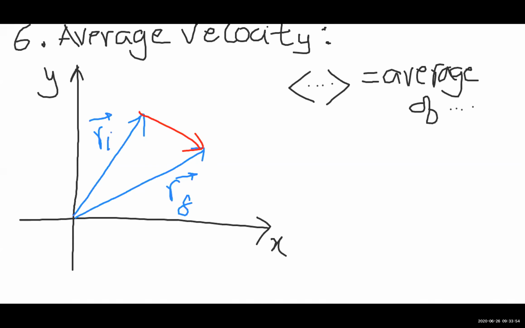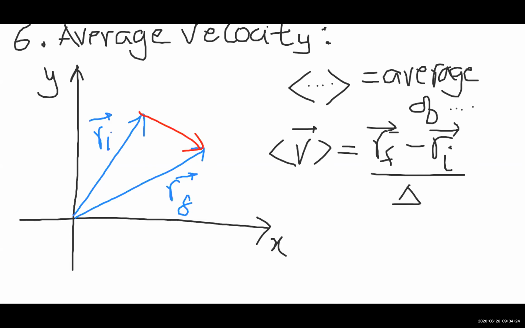Average force, तो मैं जहाँ डॉट डॉट बनाया वहाँ F लिख दूंगा, average force हो जाएगा. Average age, dot dot dot, age लिख दूंगा, right? So average velocity is equal to r_f minus r_i upon delta t.